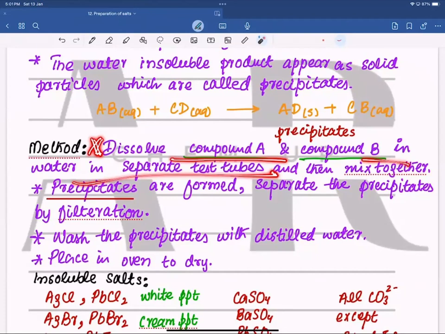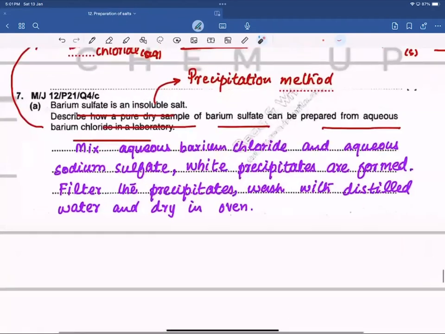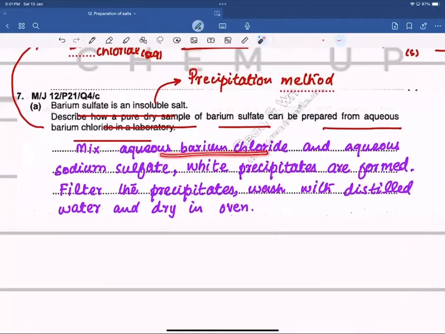There is aqueous. So we will start from naming the substances, then say that we will mix them, then precipitates are formed. So mix aqueous barium chloride that is provided to us and aqueous sodium sulfate.